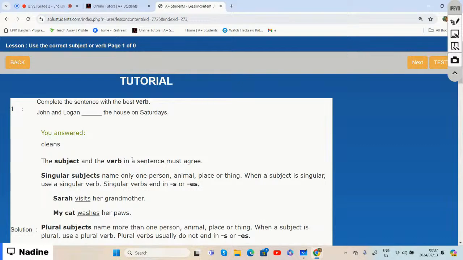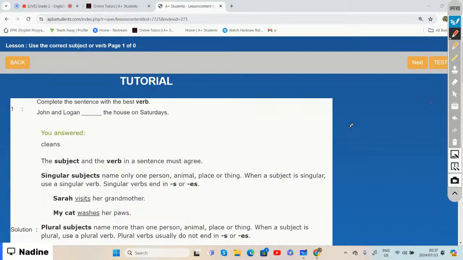It refers to more than one person, right? So do we say John and Logan clean the house on Saturday, or do we say John and Logan cleans the house on Saturday?